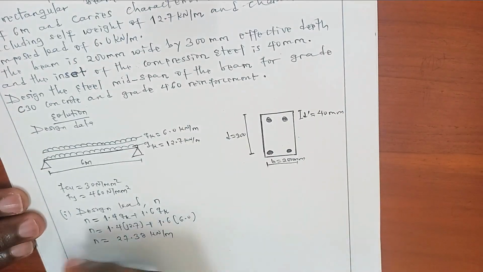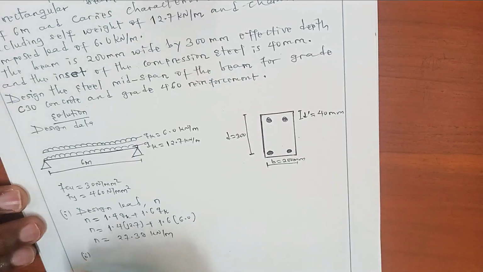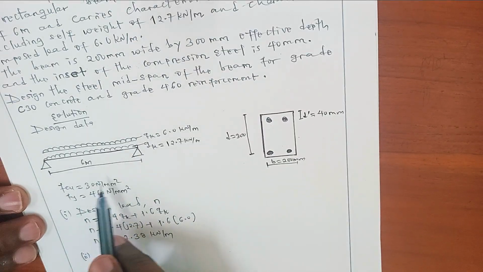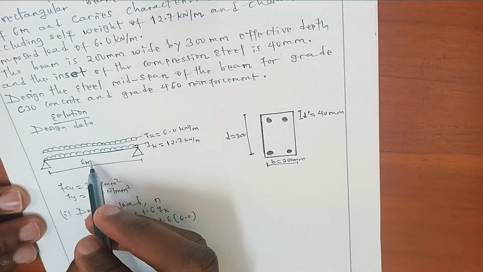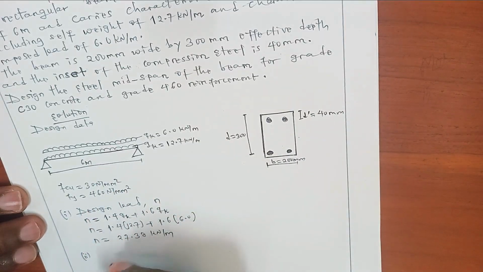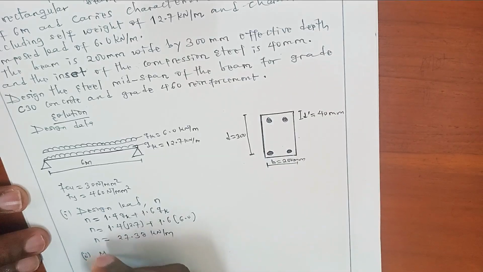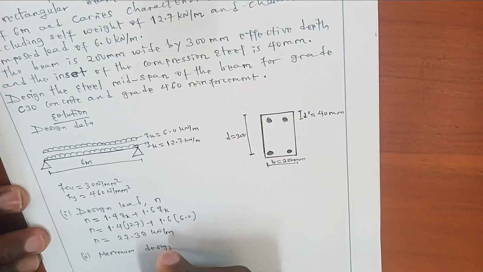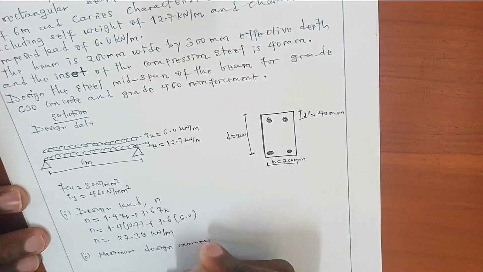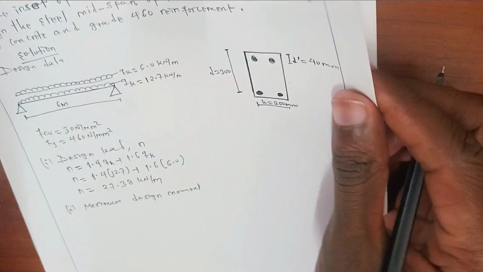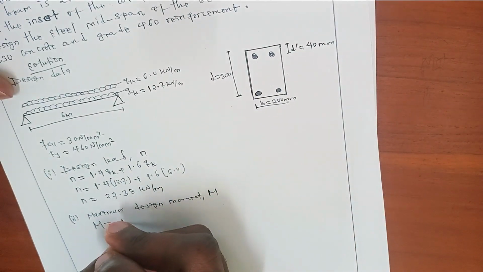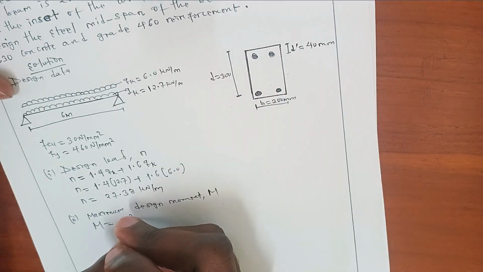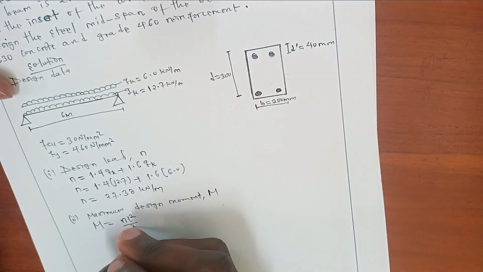The next step is to determine the maximum design moment, which acts at the center of the span of the beam. Maximum design moment is given by the formula design load times L square over 8.